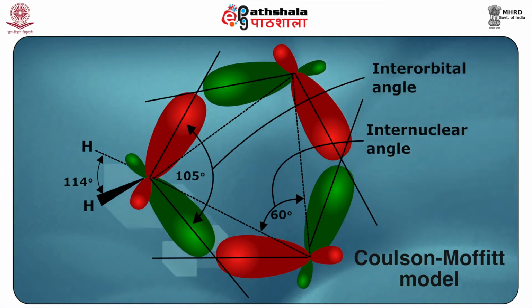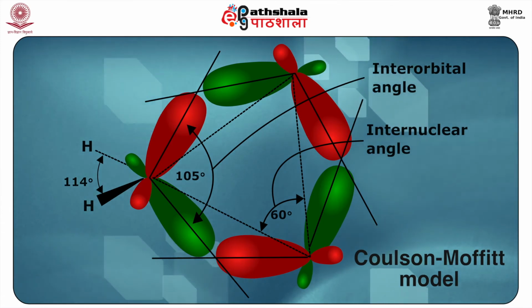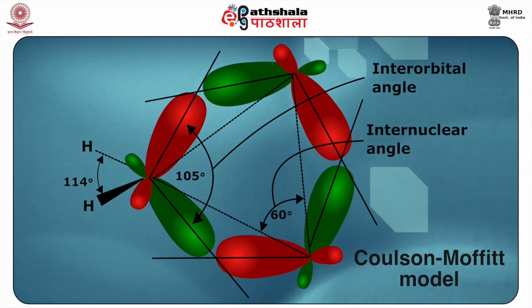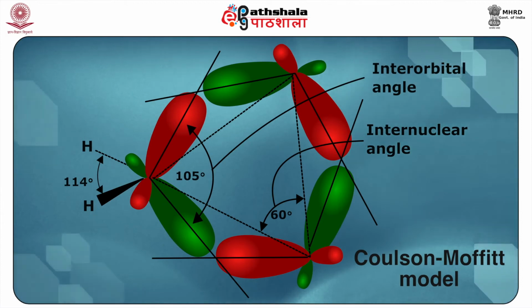So, it is intermediate between sigma and pi bonding. These bonds are also sometimes called banana bonds, and as you can see in this figure, these are depicting the banana. So, rather than a straight overlap, these are now protruding towards outside and giving you the banana bond type of structure.